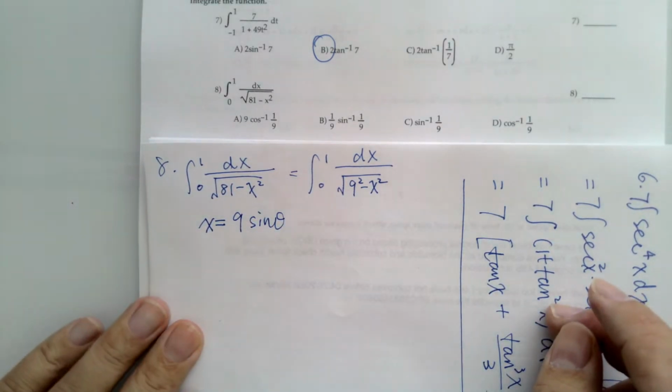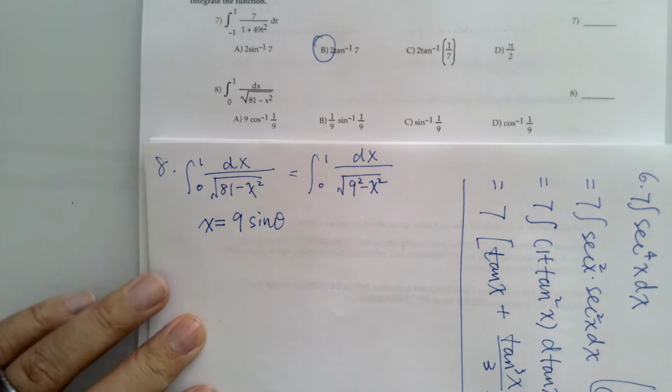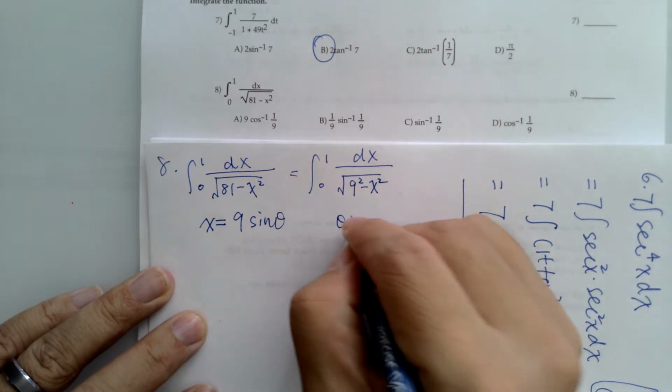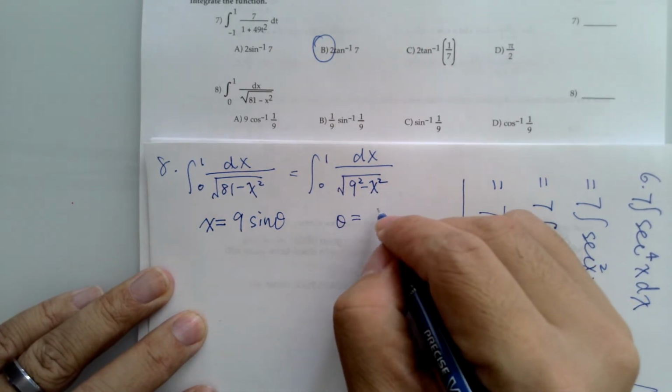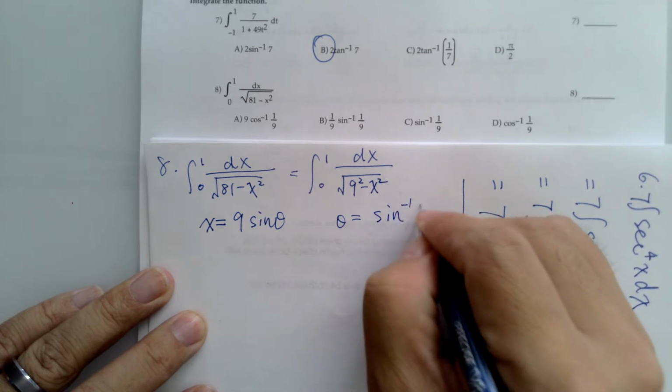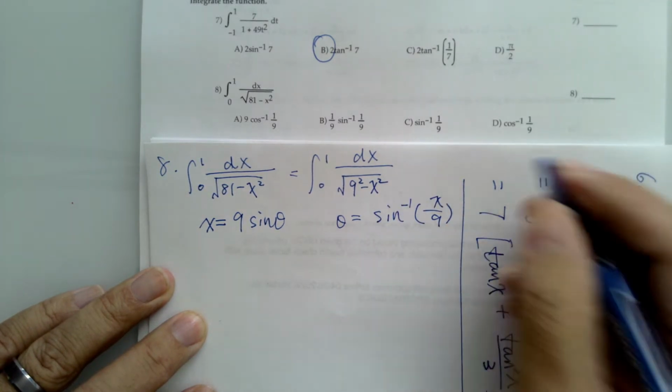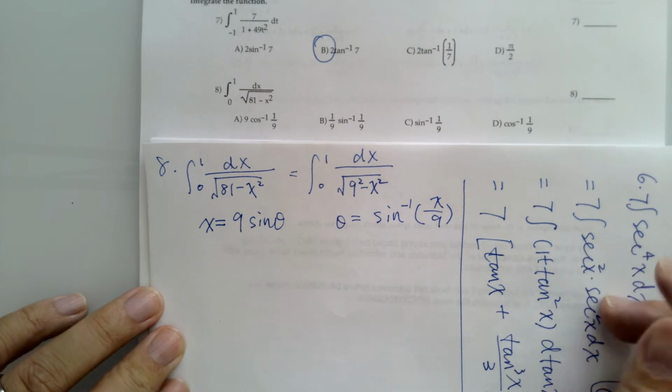And of course, theta is going to become sine inverse of x over 9. Okay. We're going to use that.